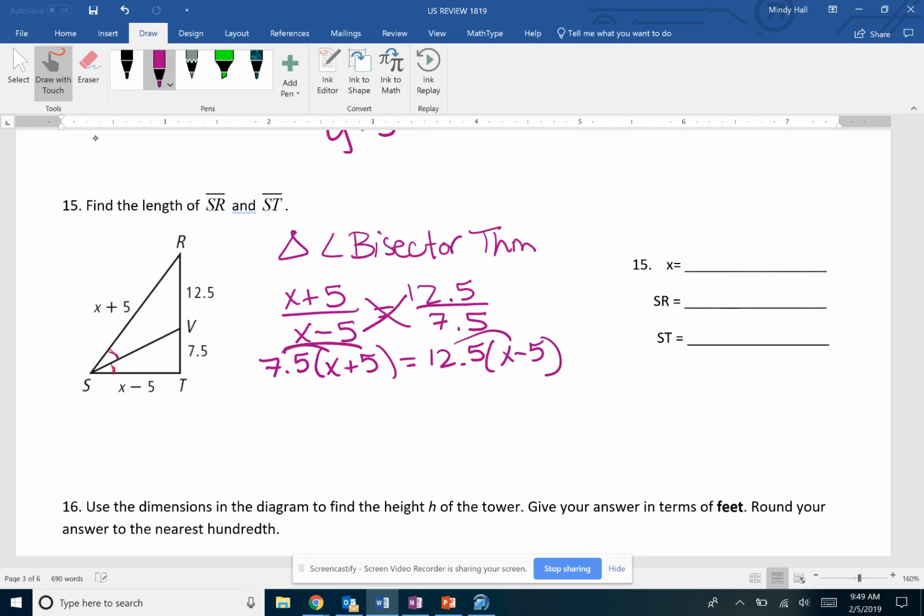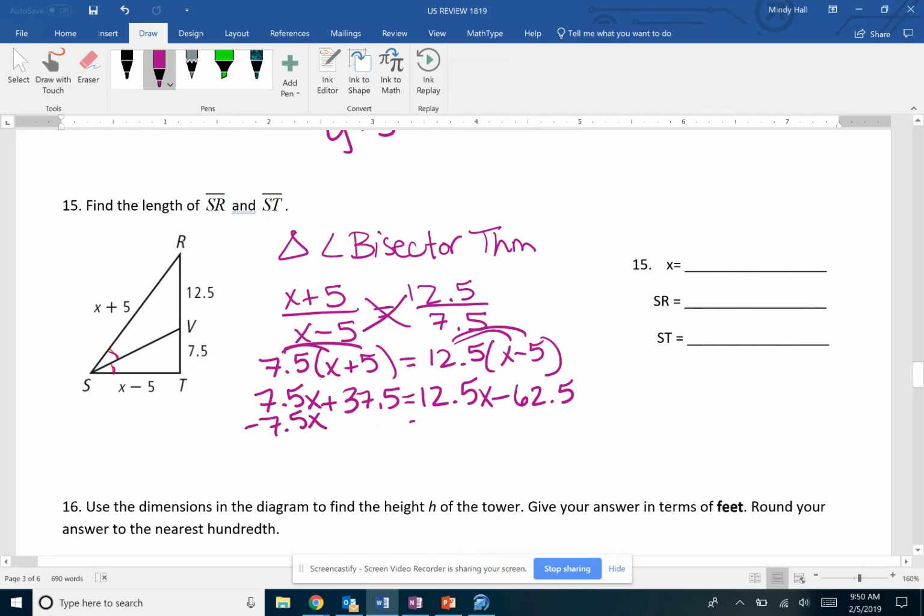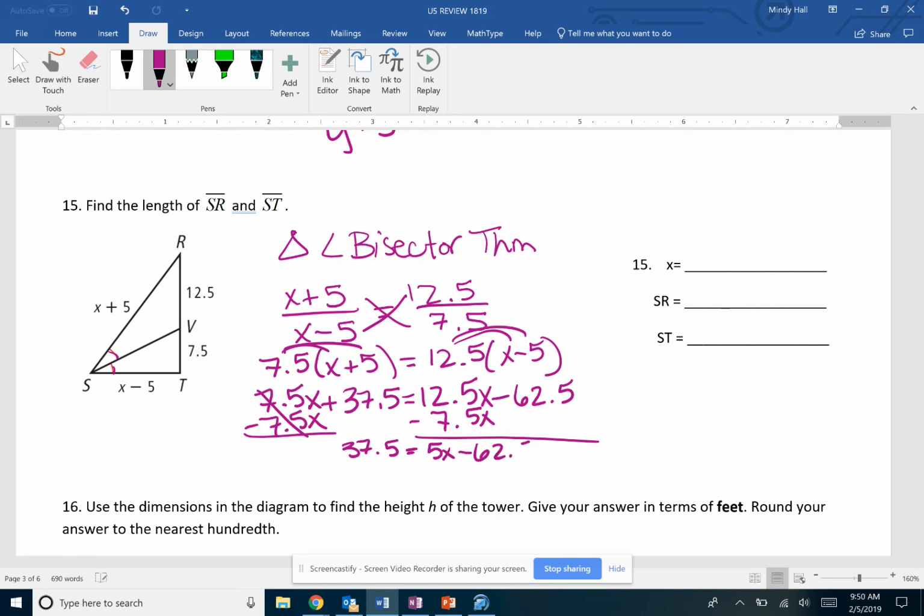Then when you distribute everything, you get 7.5x plus 37.5 equals 12.5x minus 62.5. So if you subtract 7.5x, you get 37.5 equals 5x minus 62.5.